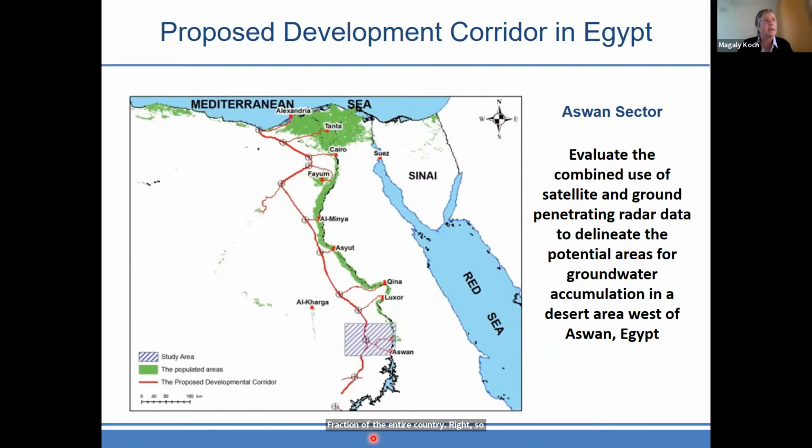So basically only, I think, 5 or 6% of the country has direct access to surface water and fertile soil. So 6% is a small fraction, and it's a country with a huge population, and the population is growing, and of course food production is of great importance, and then connected to that, water resources.